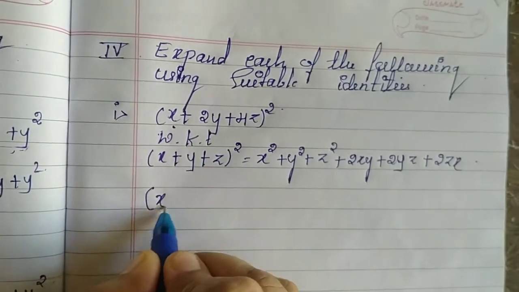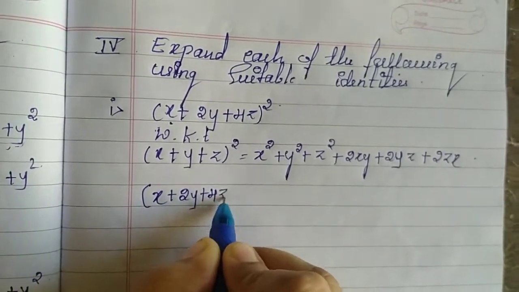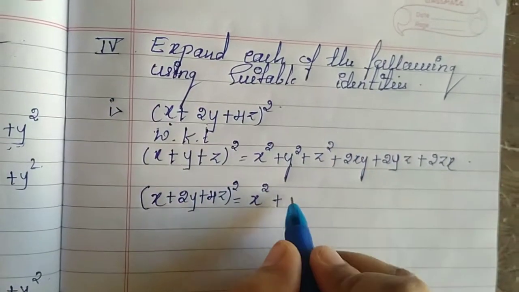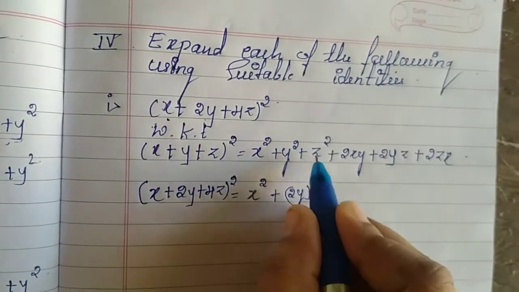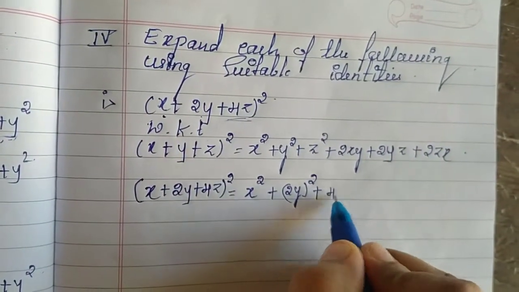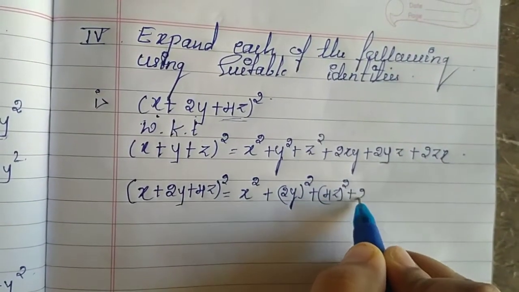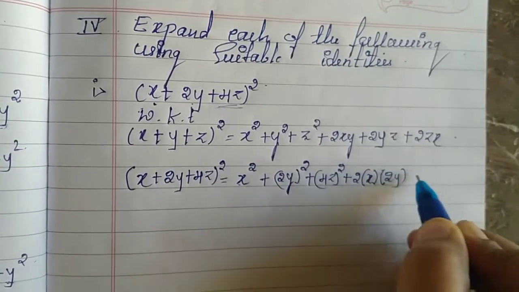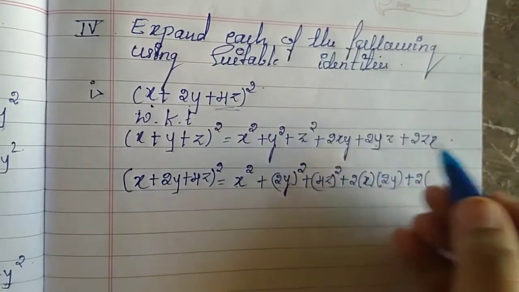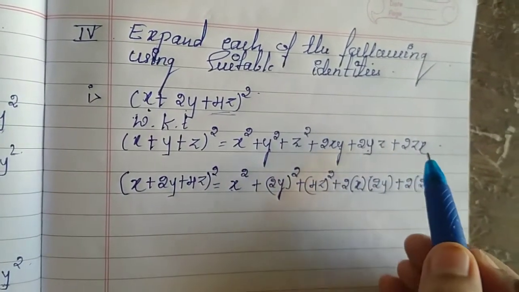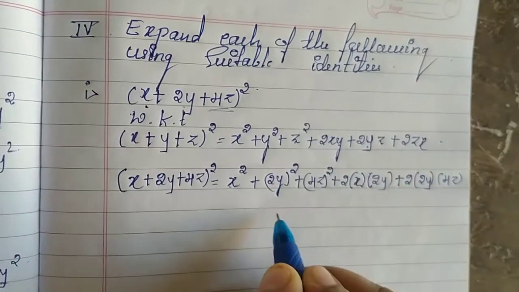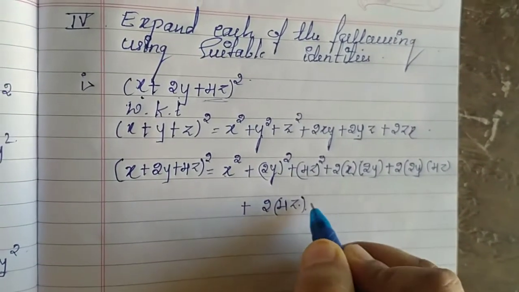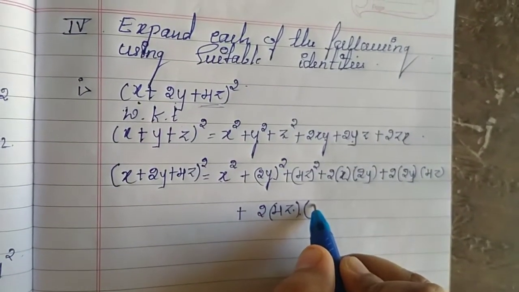So x plus 2y plus 4z the whole square will be equal to, in place of x, x only, plus y square means 2y the whole square, plus in place of z which term is there here? 4z, so 4z the whole square, plus 2 into x into y, y means here 2y, plus 2 into, here you can see y means 2y, and z is here 4z, plus 2 into z, which is nothing but 4z, and x, which is nothing but x.